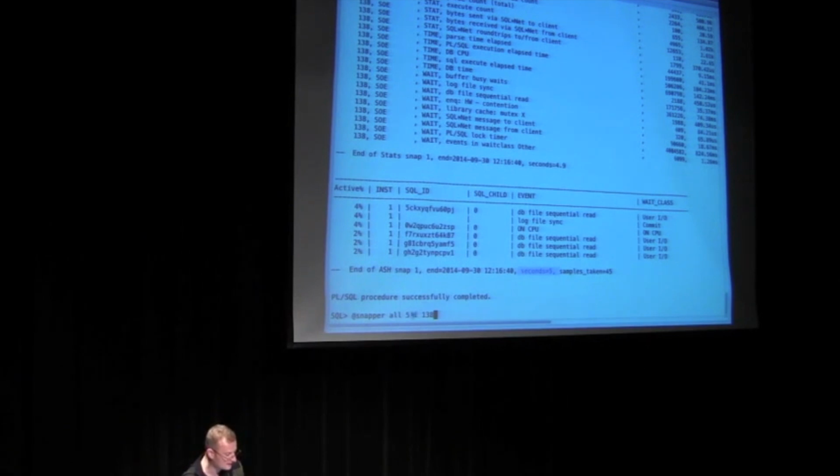And this 1 means take only one snapshot, show me only one report. If I had 10 here, Snapper would run for 50 seconds in total, and it would show this report 10 times, measuring another 5 seconds each time. And this is the session ID. If you look into the scripts, you can do stuff like that.